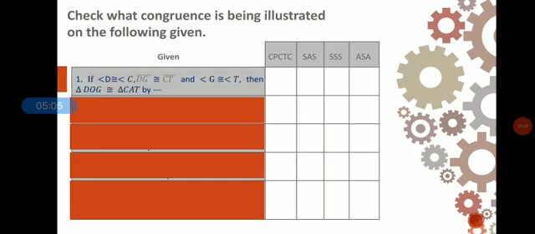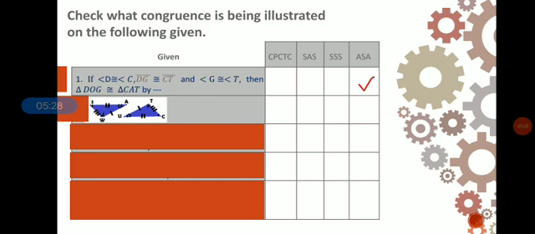So the first given is angle D congruent to angle C, side DG congruent to side CT, and angle G congruent to angle T. Anong postulates ang ipinapakita niyan? And the answer is, yes, that one is an ASA. So angle, side, angle. How about the second given?